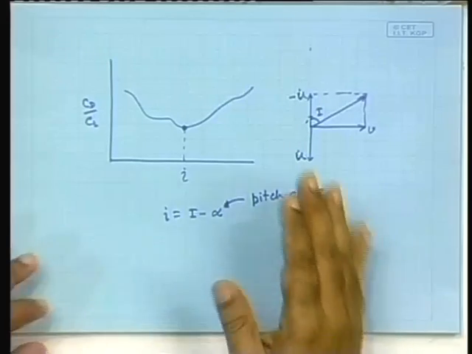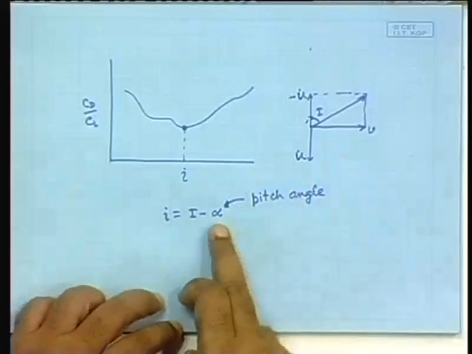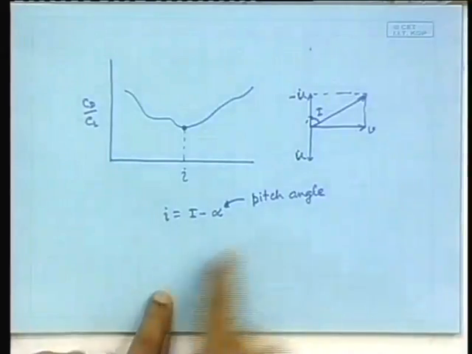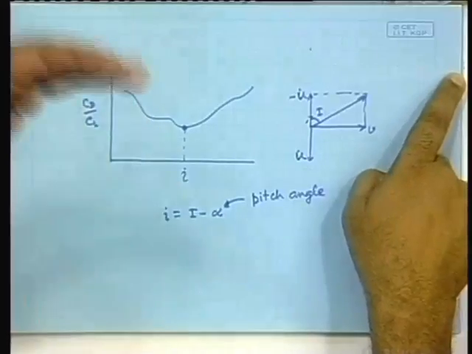That means the pitch angle is not just a twist from the inner edge to the outer edge; depending on the wind speed you have to keep changing it. There is a constant twist between the inner edge and the outer edge, the difference in the angle is constant, but the whole thing is moved. So that is the pitch angle control.